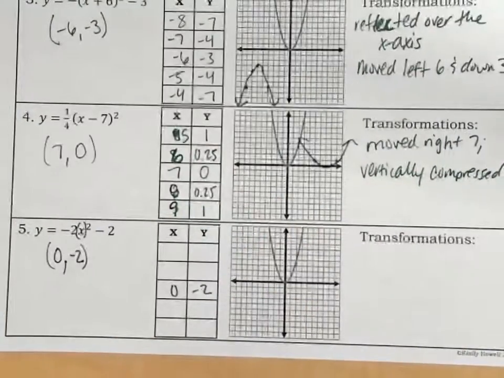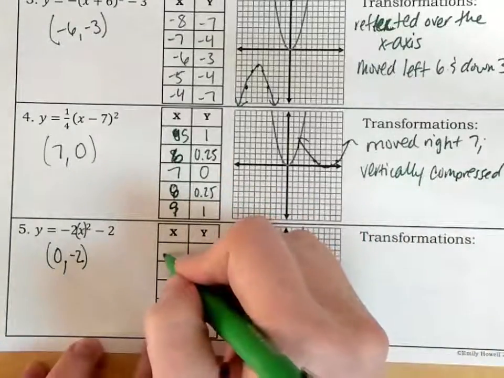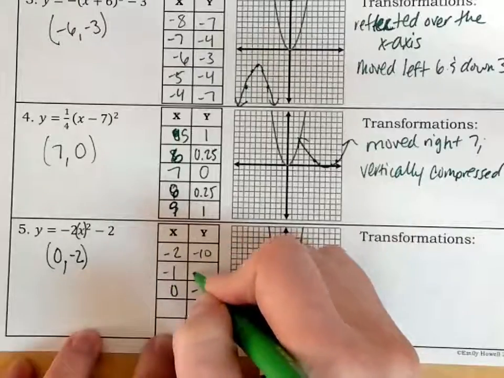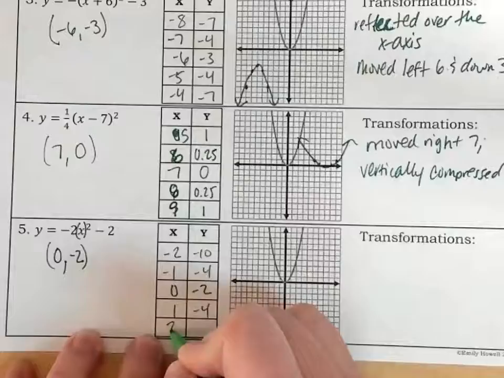So I'm going to go ahead and plug in my equation into my calculator. -2x squared minus 2 and graph that. All right, and then I'm going to go -2, -10, -1, -4, 0, -2, 1, -4, and 2, -10.